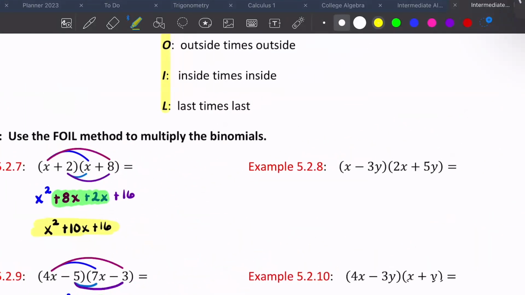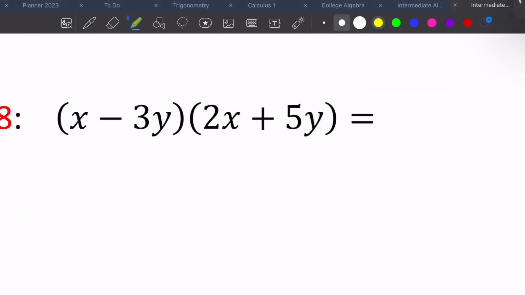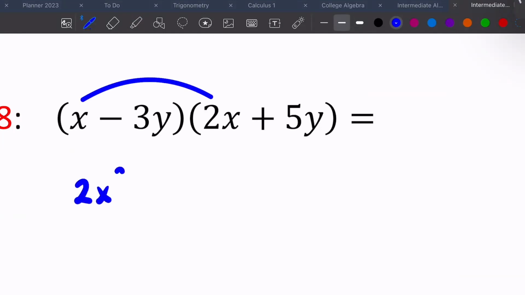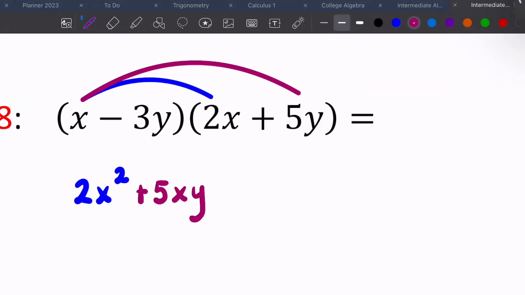Okay, now let's go back to this one where we have two variables. Same thing though. Okay, first 2x squared, outside. Okay, x times 5y, that's just 5xy. Okay, you're just multiplying. Inside, negative 6xy.